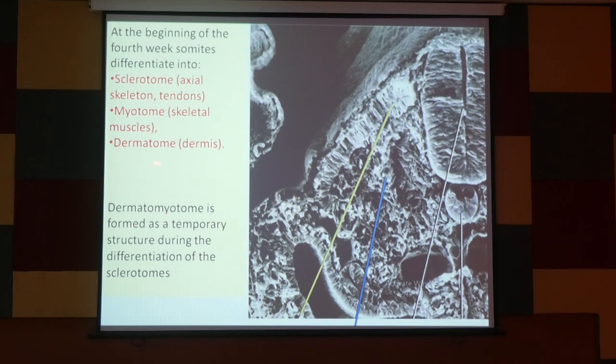Dermatomyotomes eventually split into two segments, myotome and dermatome. Dermatome gives rise to the dermis layer of the skin, and myotome eventually gives rise to the skeletal muscles. Now our focus will be on the medial area, the sclerotome, and how it evolves to form the vertebra and the intervertebral disc. That's the point of concern for the day.